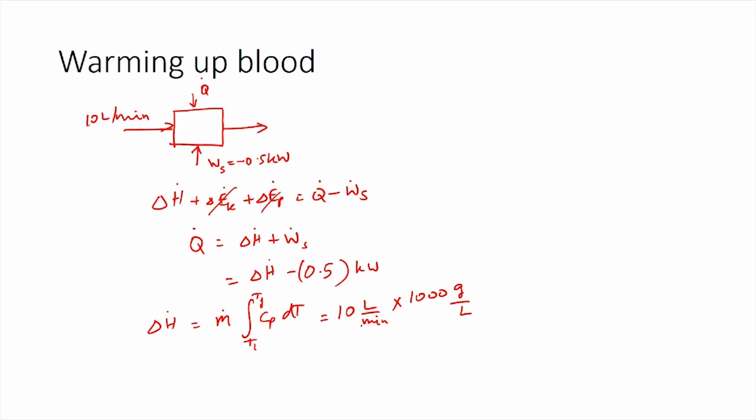This would give us grams per minute, and if we need to convert this to grams per second, we would multiply this by 1 minute containing 60 seconds, and then this is the m dot value. Plus the integral of Cp, given as 4.185 dT, with temperature going from 30 degrees Celsius to 37 degrees Celsius. So this value can be calculated as 4.882 kilowatts. So, delta H dot is equal to 4.882 kilowatts.